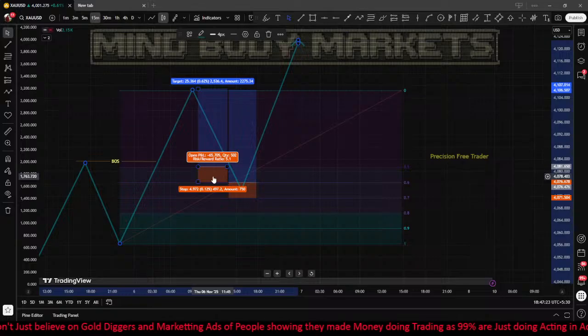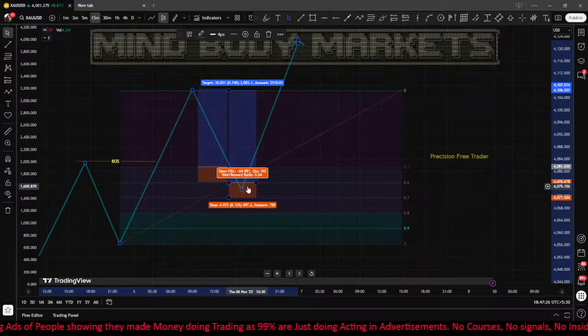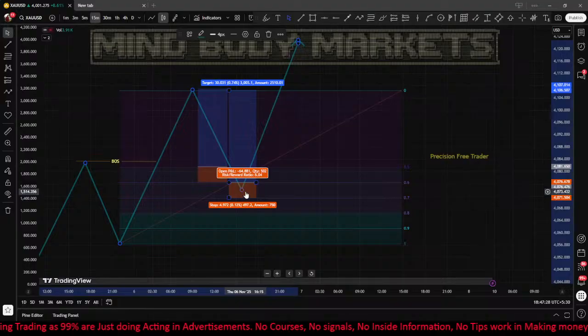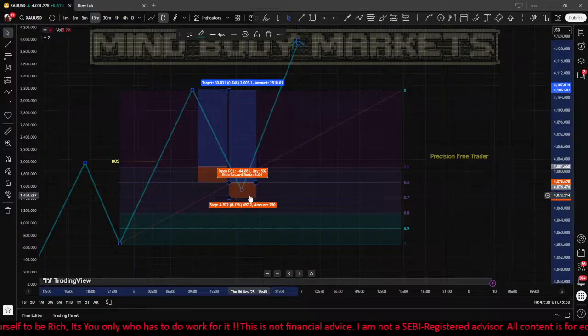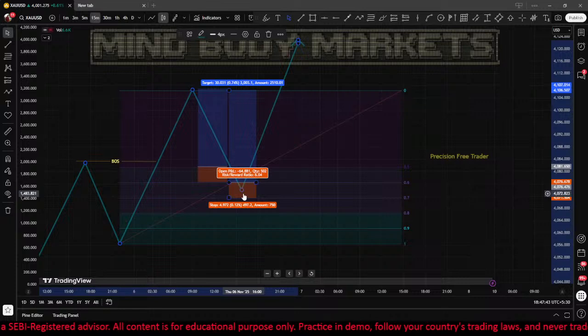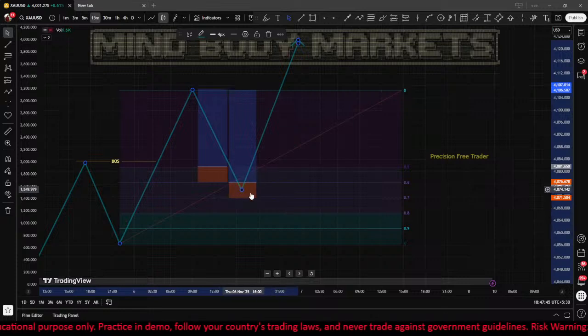Previous was 1:5, this is 1:6. I will talk about the profit and loss percentage and all those things in about 5 minutes, but now I have to conclude the strategy.